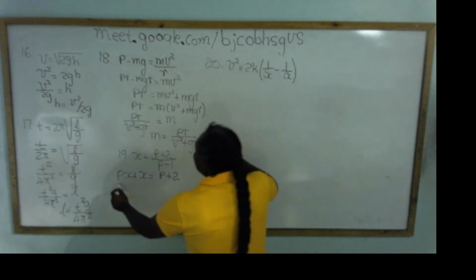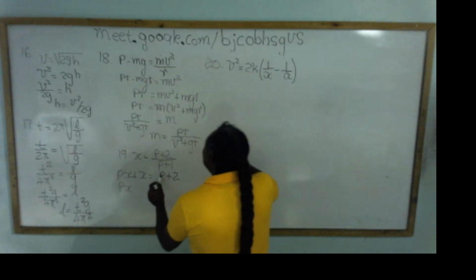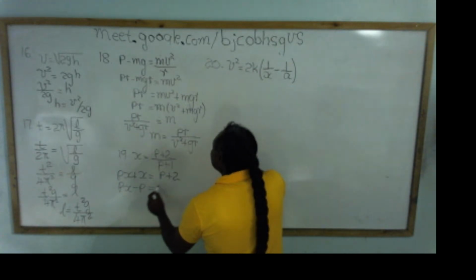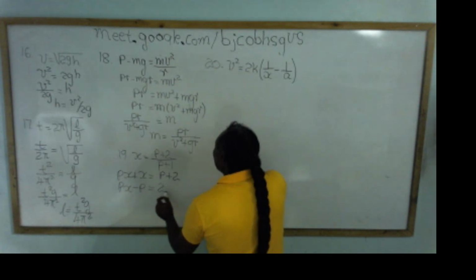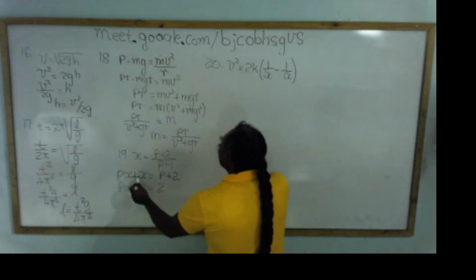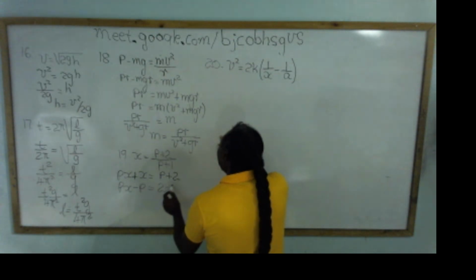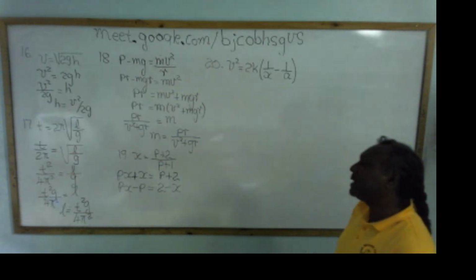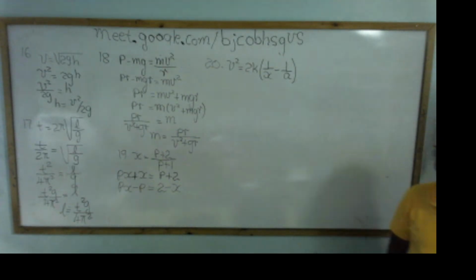So px is here. This p will be eliminated from this side by subtracting p. And in the same step, we will eliminate the positive x from this side by subtracting x on both sides.